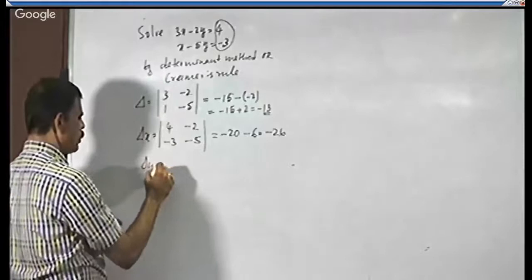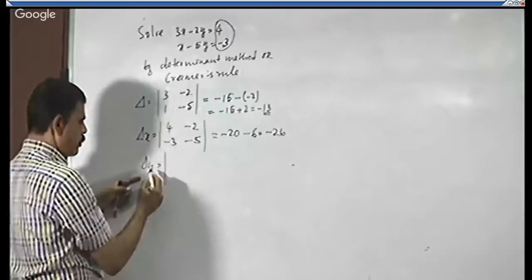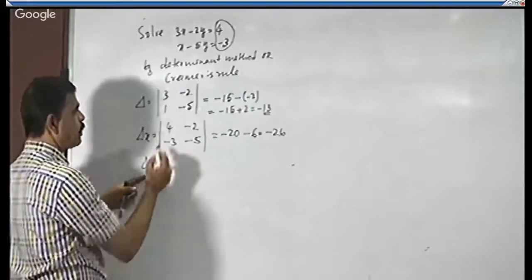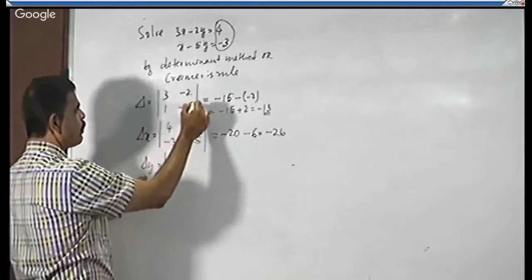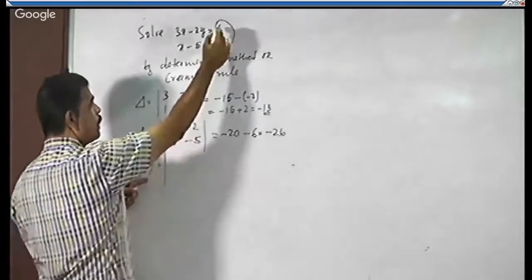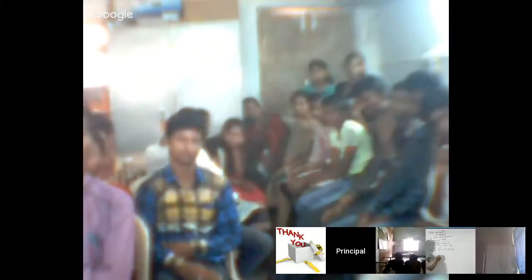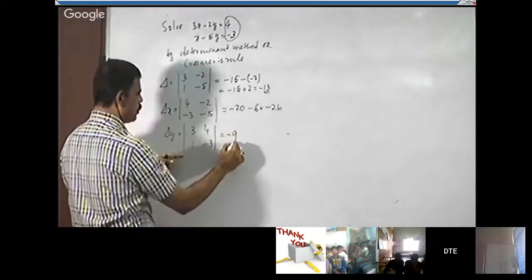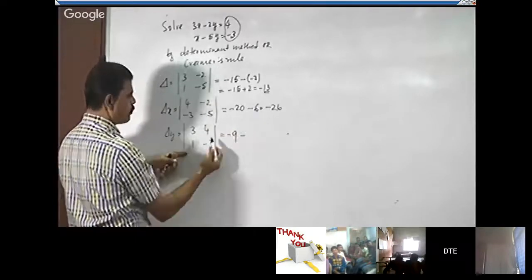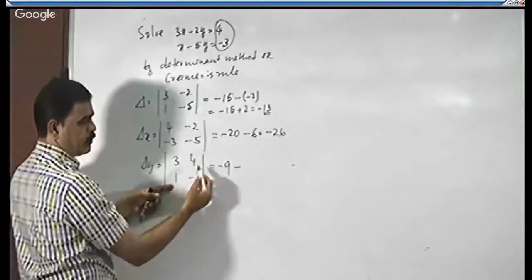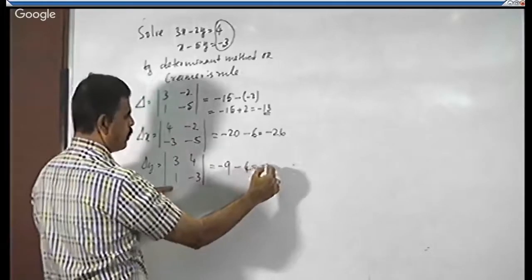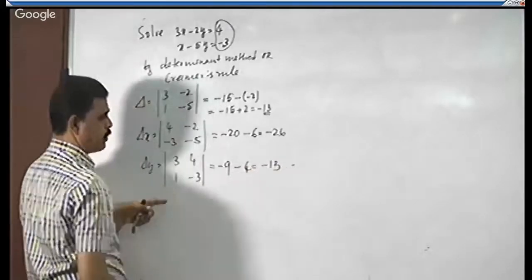Delta y is equal to, while writing delta y, in delta we should replace the y coefficients by the constants. That is 3, 1, 4, minus 3. Take the product. 3 into minus 3 is minus 9, minus 9, formula minus, 1 into 4 is 4. Finally, it is what? Minus 13.